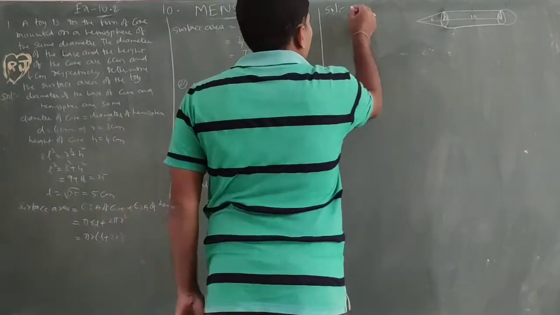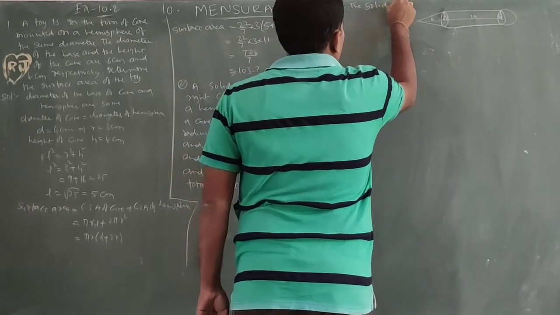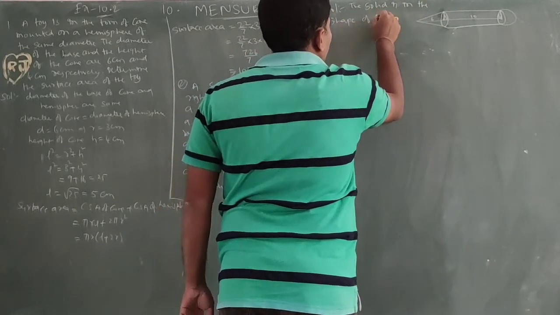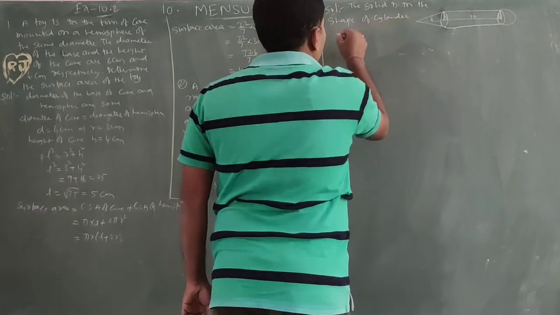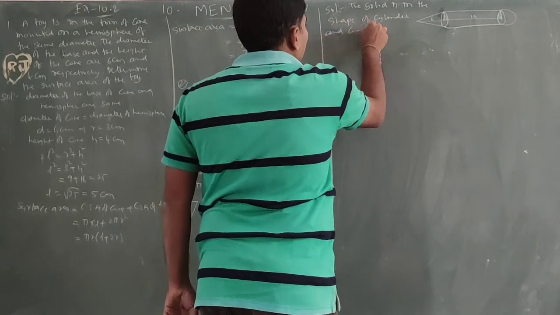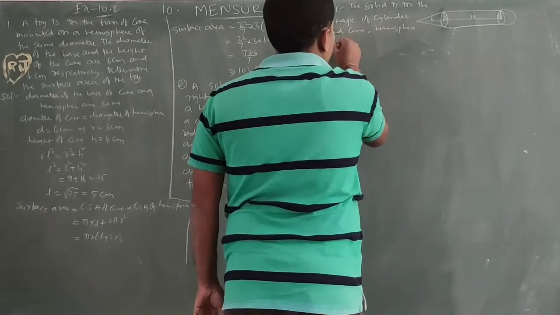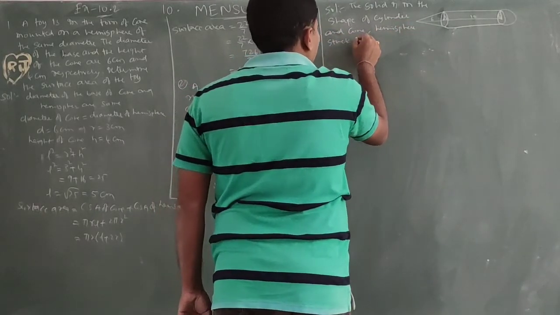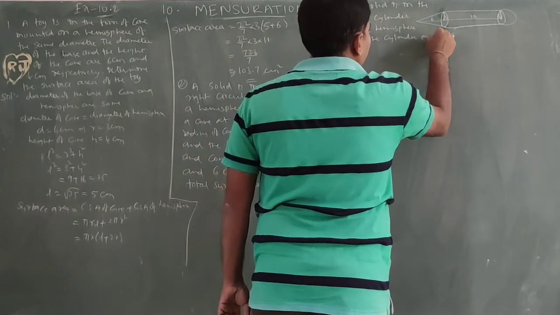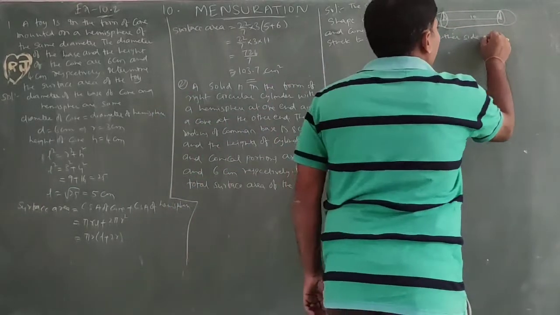Now, the solid is in the shape of a cylinder, a cone, and a hemisphere stuck to the cylinder on either side with a common base.